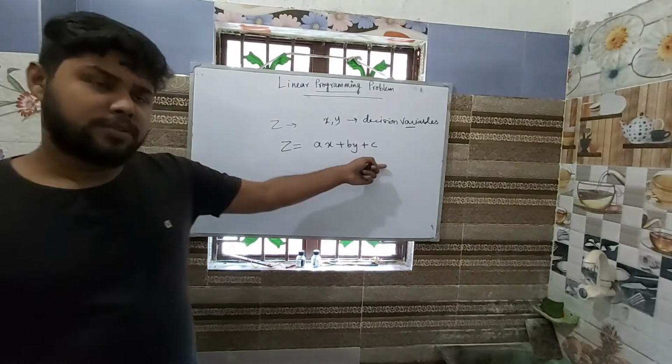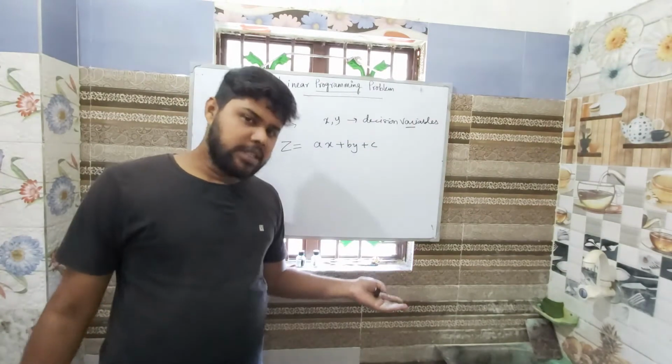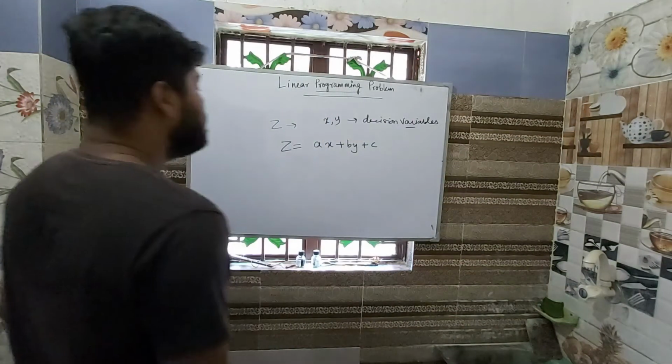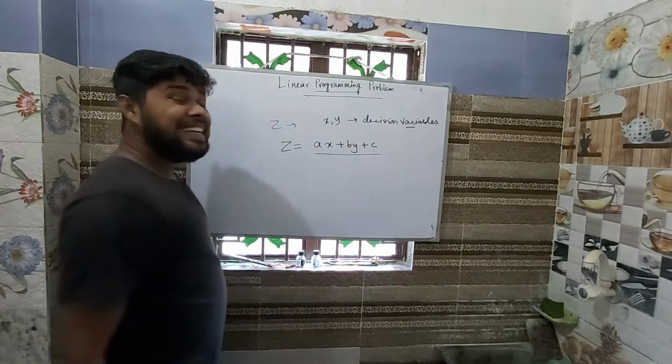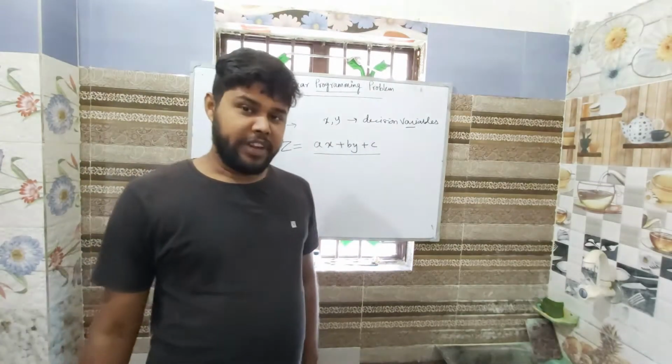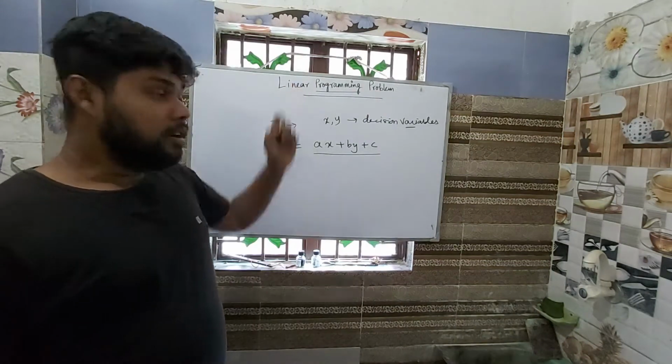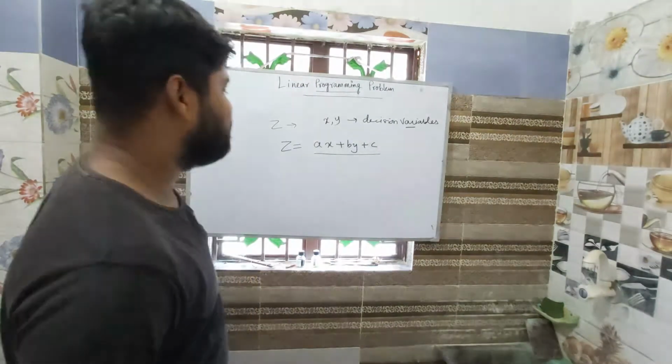There can be a c as well. In some problems there can be a c, in some problems there may not be a c. So it is, as you can see, a linear function of these two variables, and that is the reason why they are called linear programming problem.